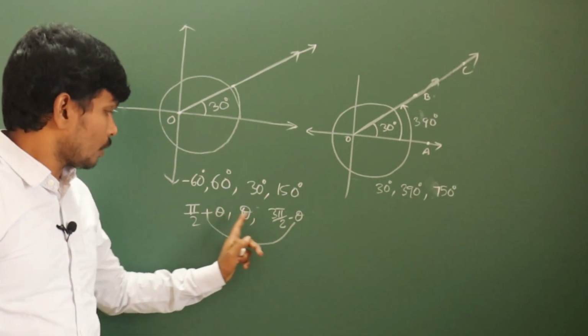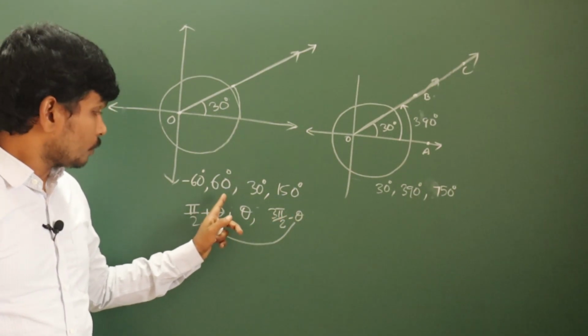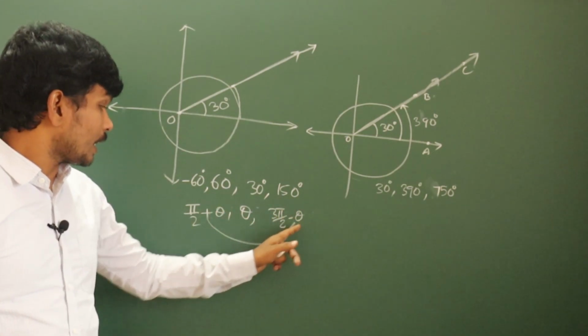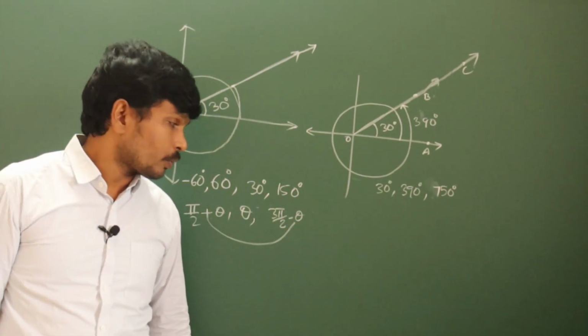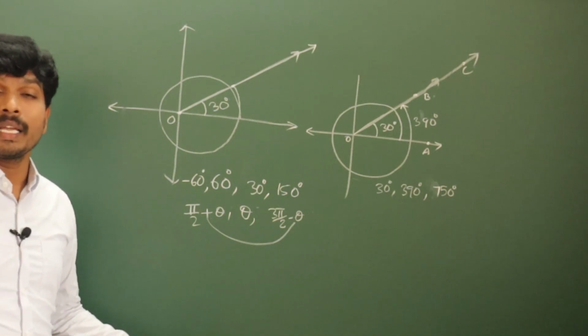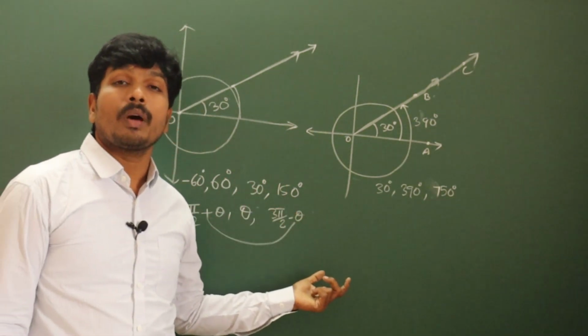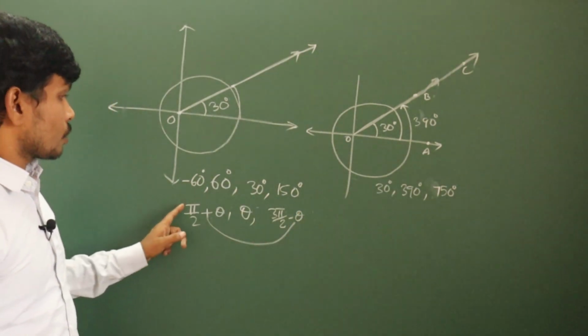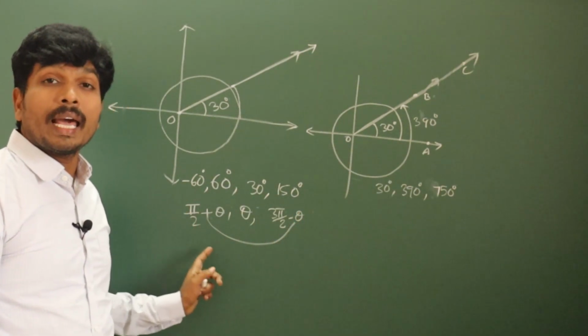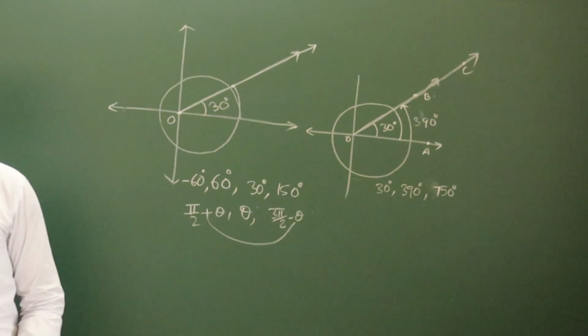Add both, theta gets cancelled. Pi by 2 plus 3 pi by 2 is 2 pi. 2 pi is a multiple of 90 degrees only. So these two are also allied angles.